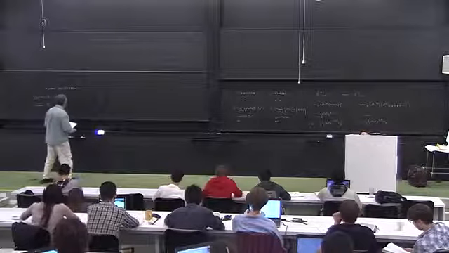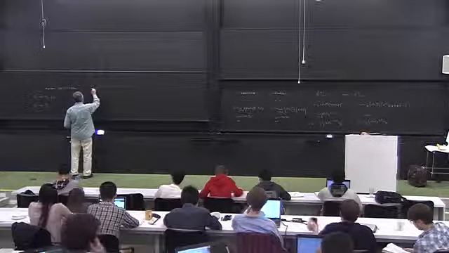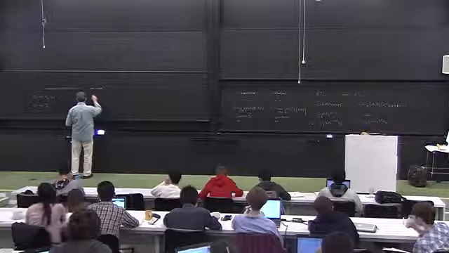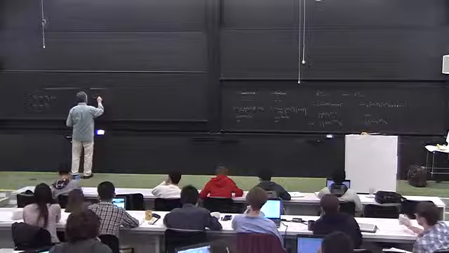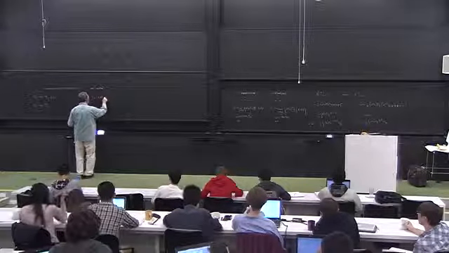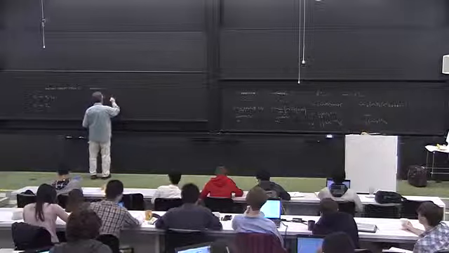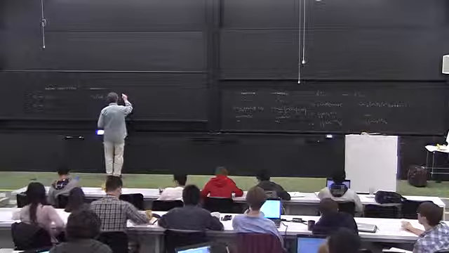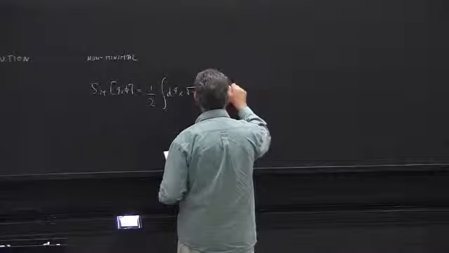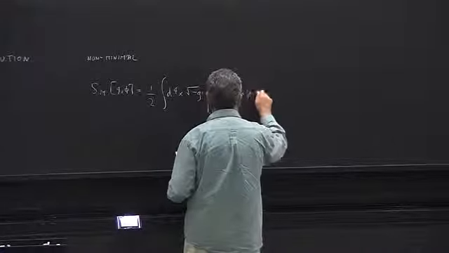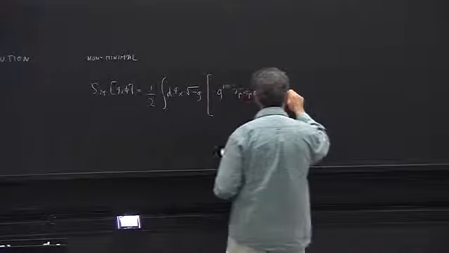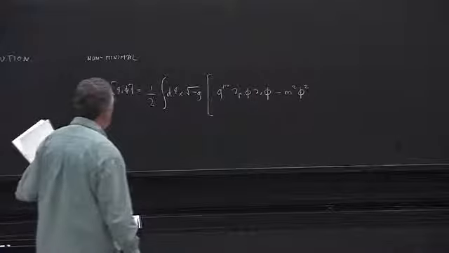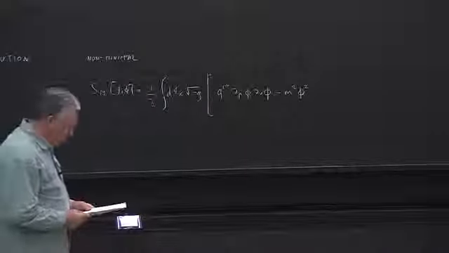Let me give you an example of non-minimal. Remember, for a scalar field, the minimal Lagrangian was g mu nu, d mu phi, d nu phi, minus m squared phi squared. That's what this rule would tell you to do.